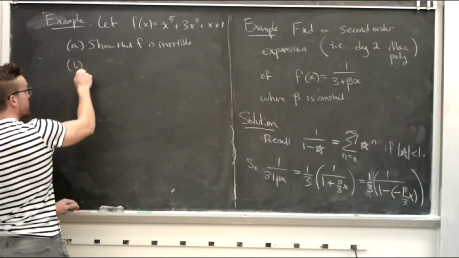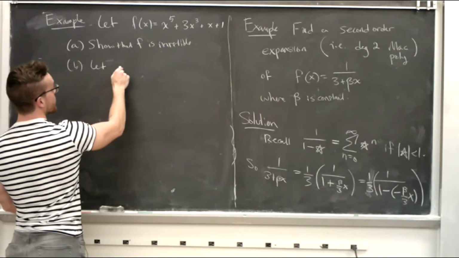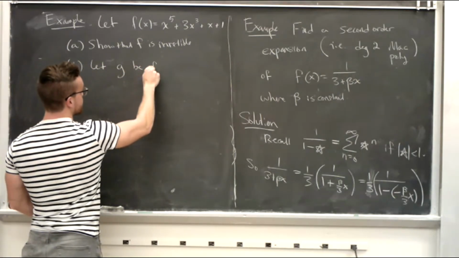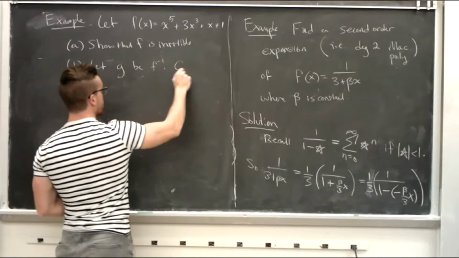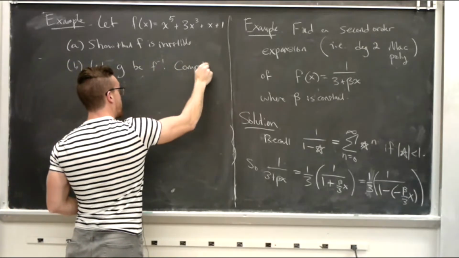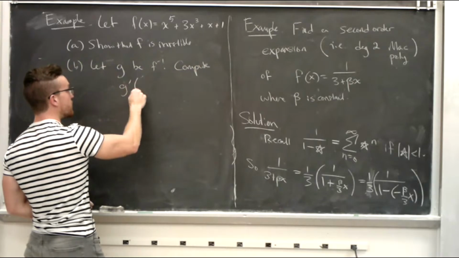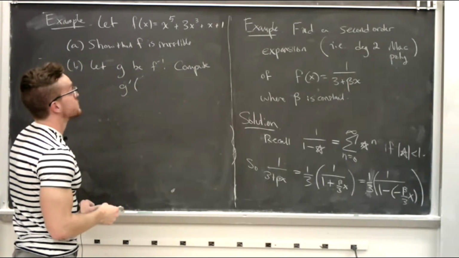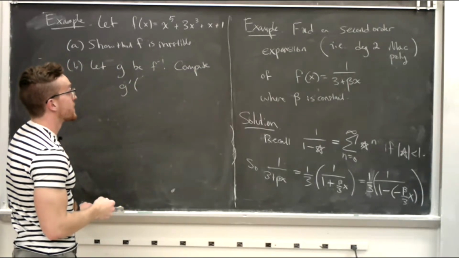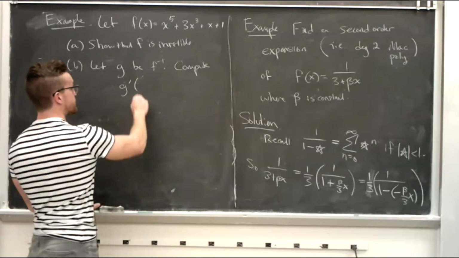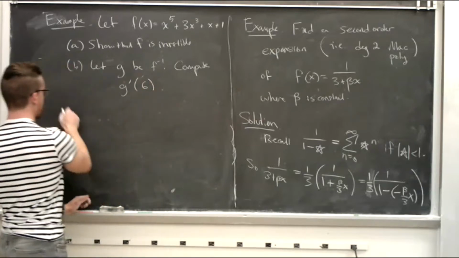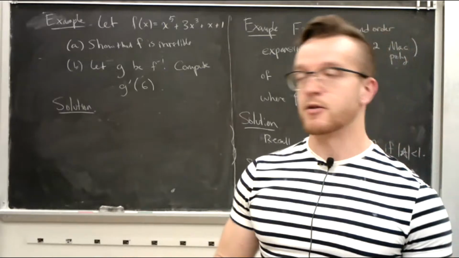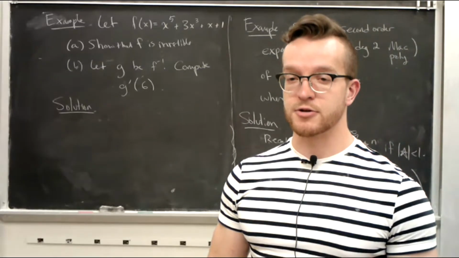And then part B, it's invertible, so I'll let g be the inverse. And I want to compute g prime of 6. Okay. The main kind of thing. If you can do this stuff, then I think you're in good shape.